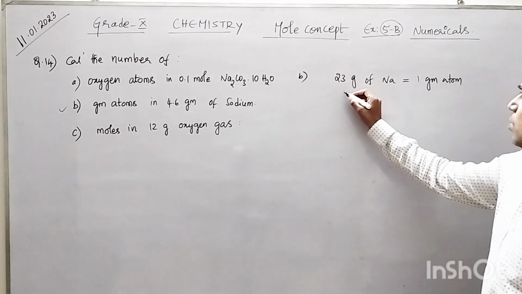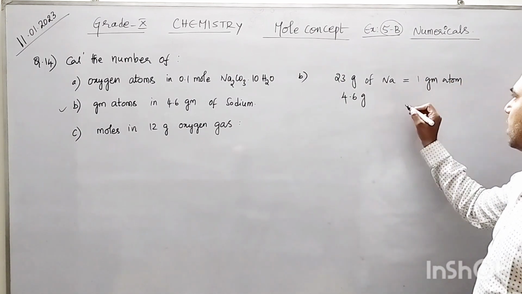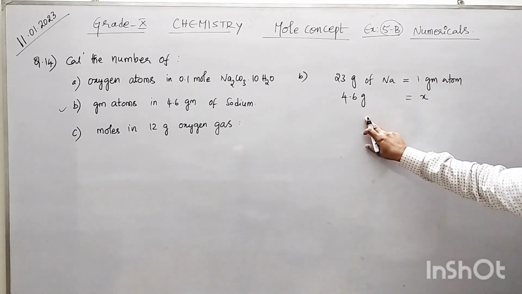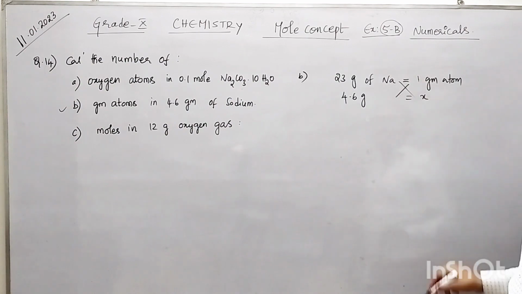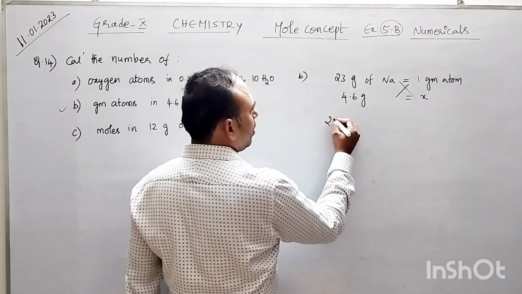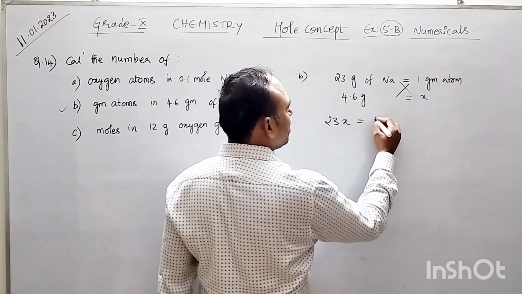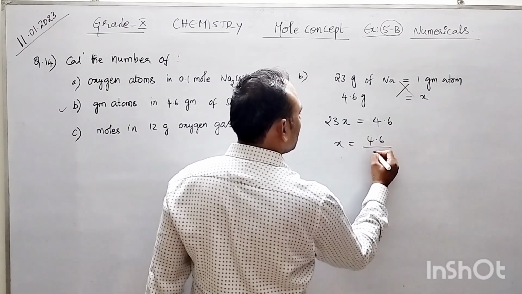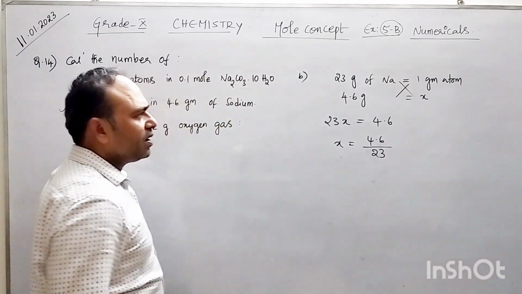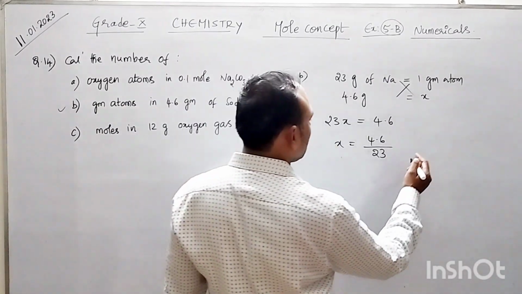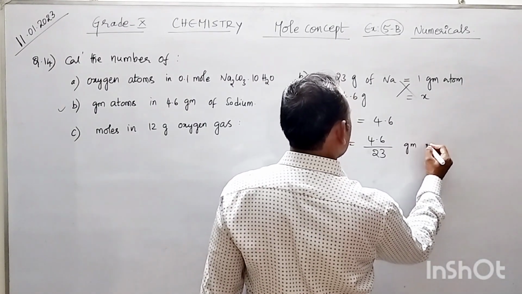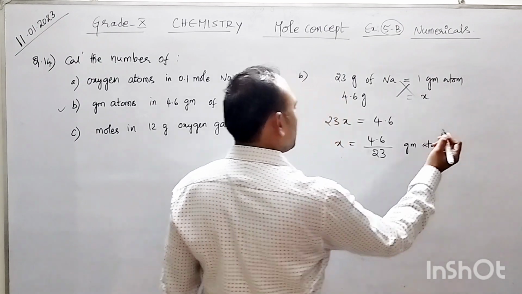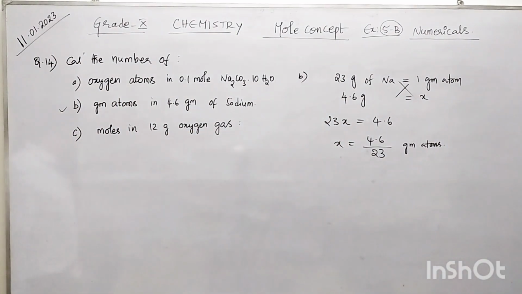Now they are asking what will be the gram atoms for 4.6 grams of sodium. Cross multiply, you get 23x is equal to 4.6. Now x is equal to 4.6 by 23. So this is the number of gram atoms. Calculate this.